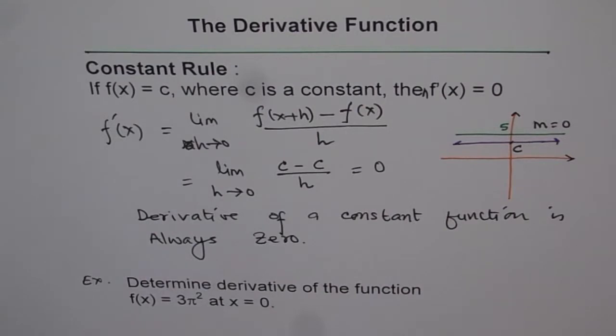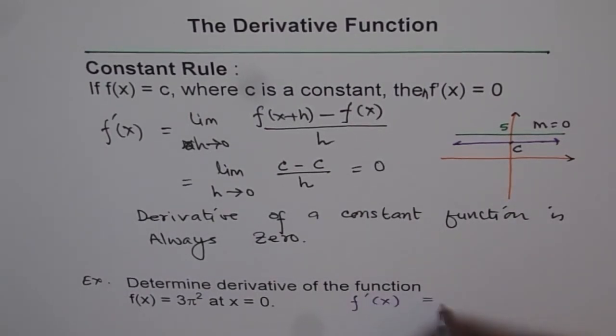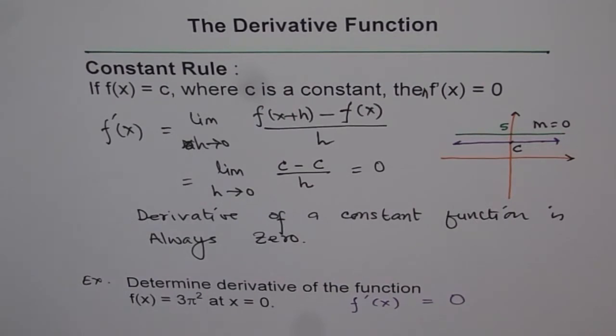Come on. So remember that part, and purposely I have written it here so that I remind you once again that pi is a constant, maybe an irrational number. So derivative of this function 3 pi square at x equals 0 is, let me read, f dash x is equal to 0, okay? That is what it is.